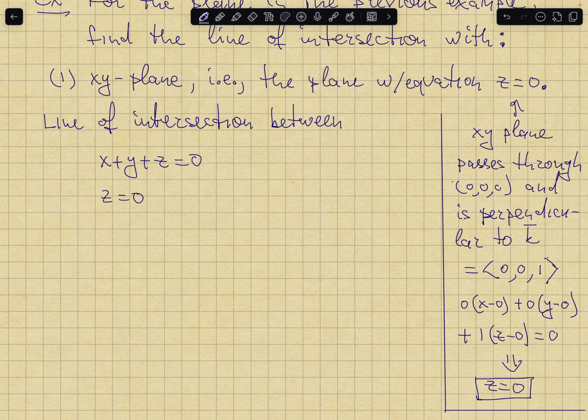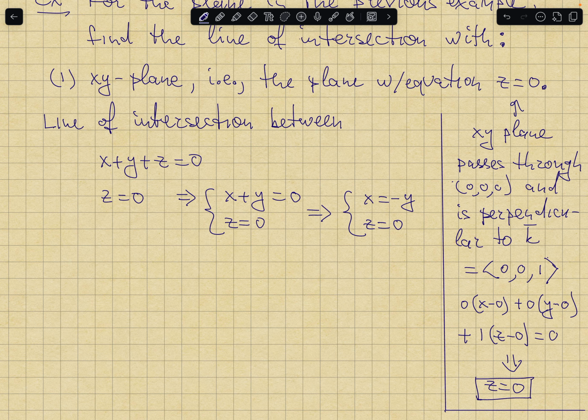Basically, we can take z equal to 0 and plug that into the first equation. If I do so, I'm going to get x plus y equals 0. But x plus y equal to 0 and z equal to 0 I still carry with me. So x plus y equal to 0 I can rewrite as x equal to minus y, z equal to 0.